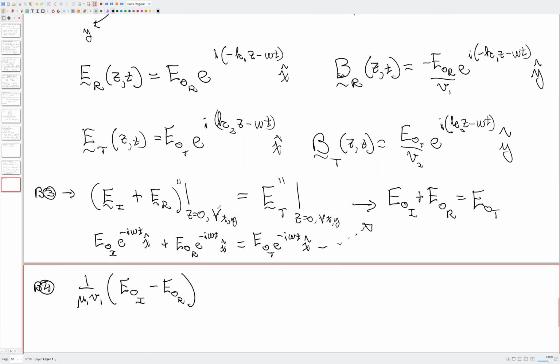So again, I'm doing the same reasoning. It's the parallel component, but I'm going straight to the Y component in this. So I'm writing straight the coefficients of the vectors here. This has to be equal to 1 over mu2 V2 with the E0 transmitted. Okay, so these are our two equations.